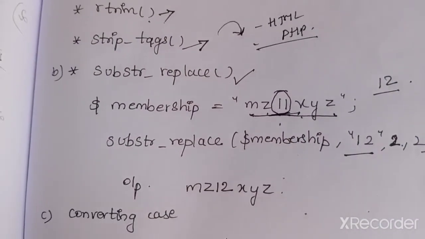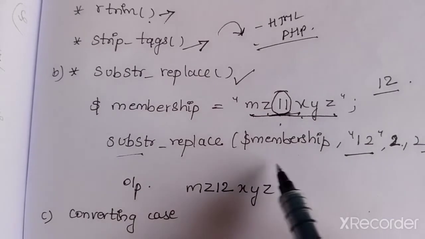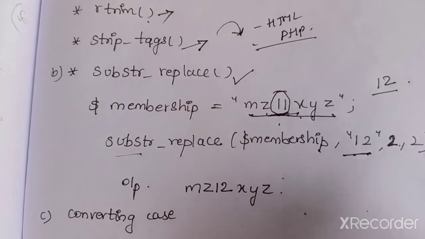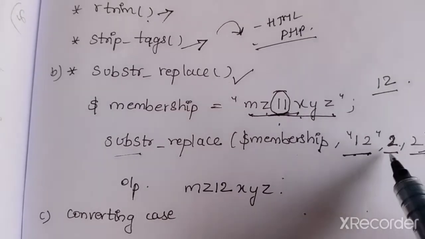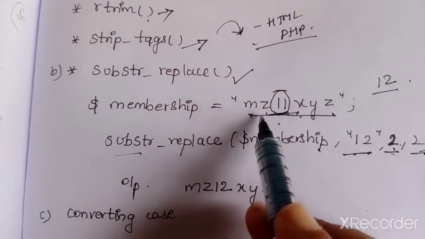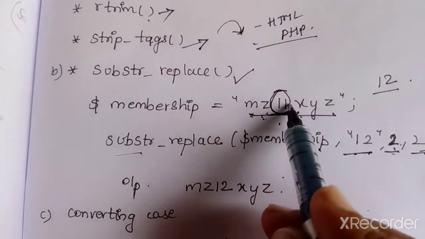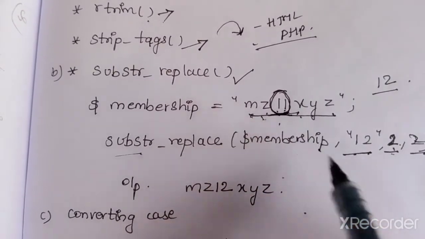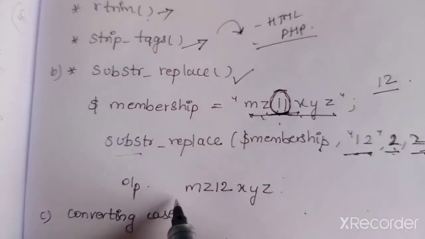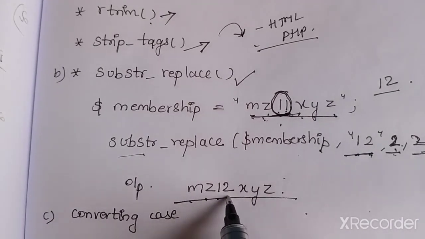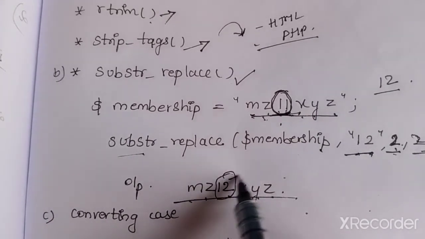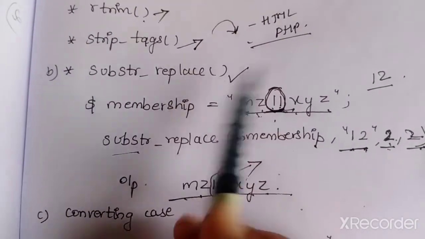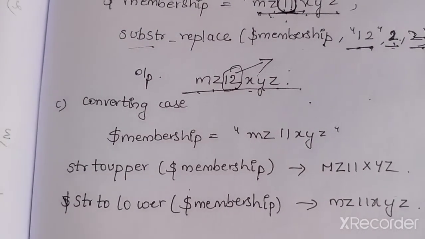Then we use the function in this way: substr_replace with the original string, what you want to replace with, 12, and from where to where. 2 means 1, 2. After 2 you can replace, up to 2 characters, only 1 and 2. Then the output will be MZ12XYZ. Got it? substr_replace.